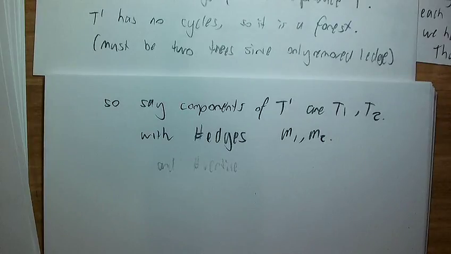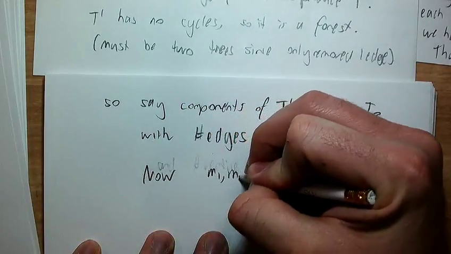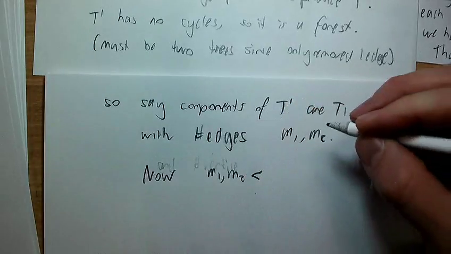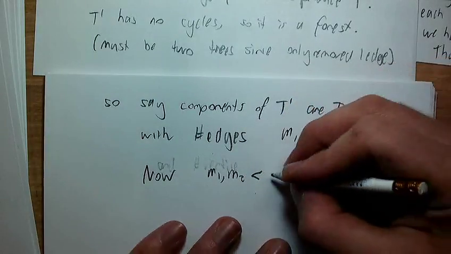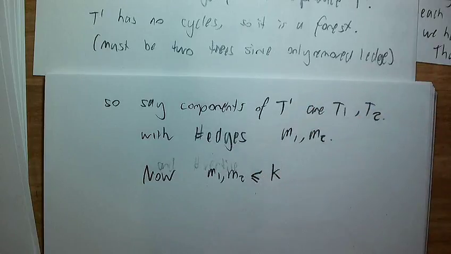M1 and M2 are both less than or equal to K, because we removed an edge, and the M1 and the M2 are all the edges that we had left, so in fact they add up to K.